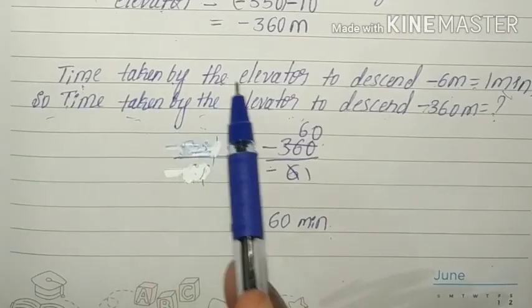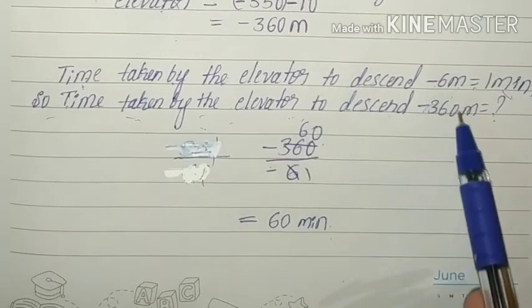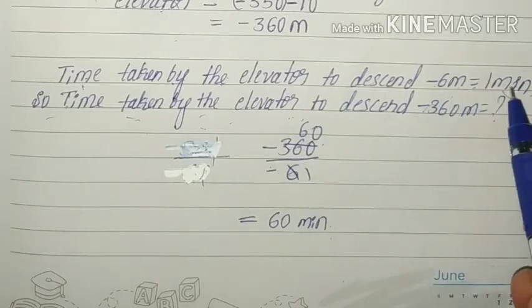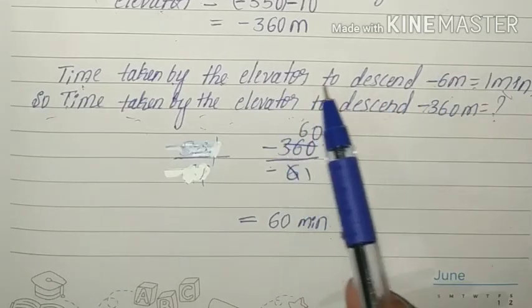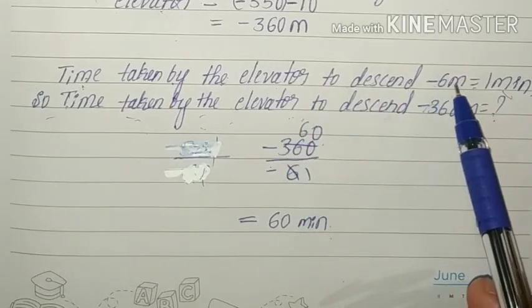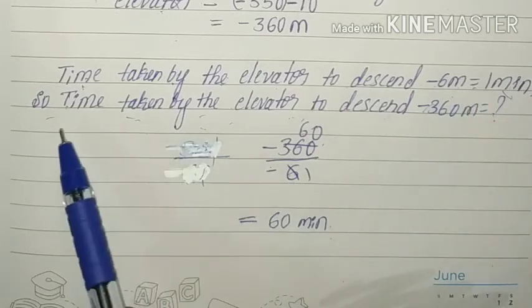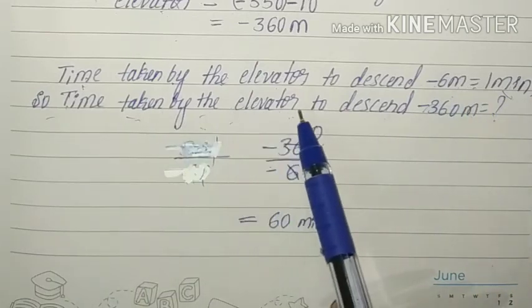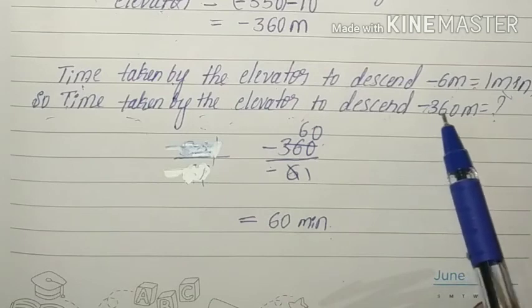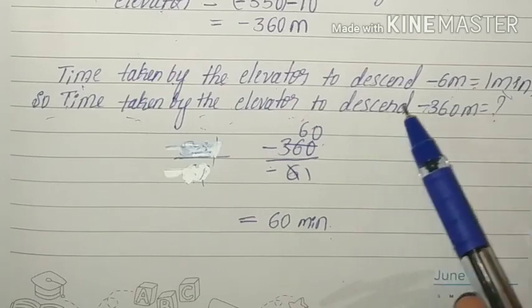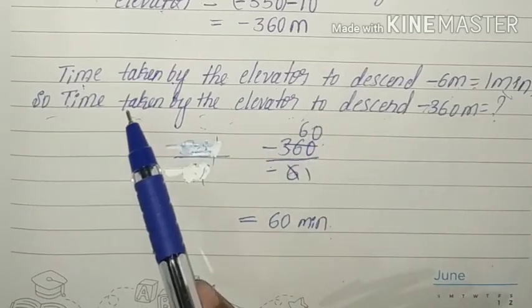The time taken by the elevator to descend: minus 6 meters equals 1 minute. In 1 minute, the elevator descends minus 6 meters. So the time taken by the elevator to descend minus 360 meters, you have to find out, right?